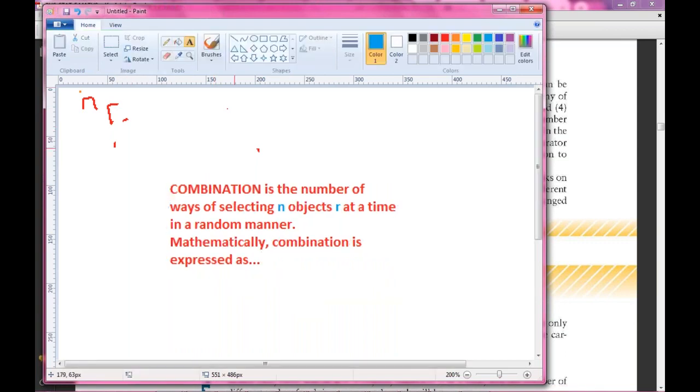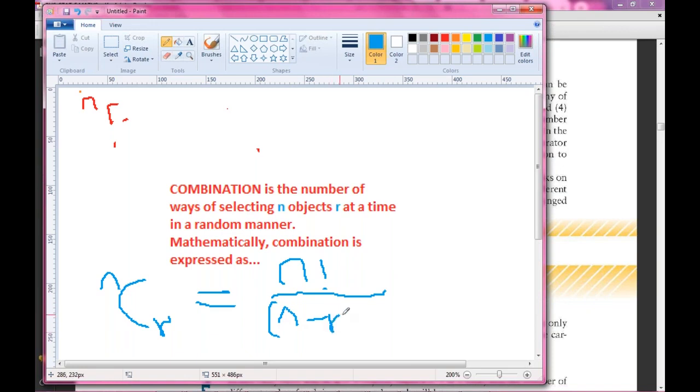I'm going to write it here. n combination r, with capital letter C, is equal to n factorial all over n minus r factorial, then all this multiplied by r factorial.